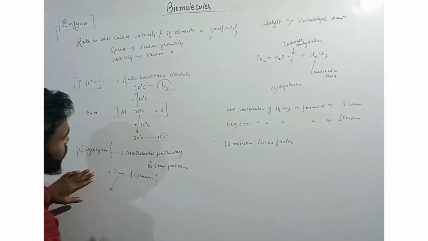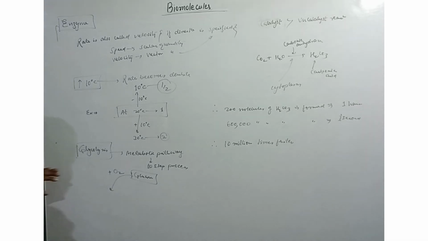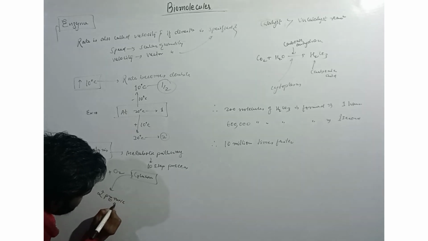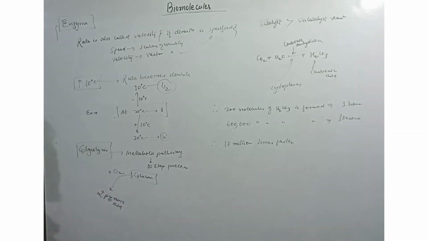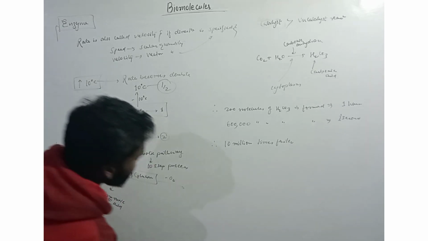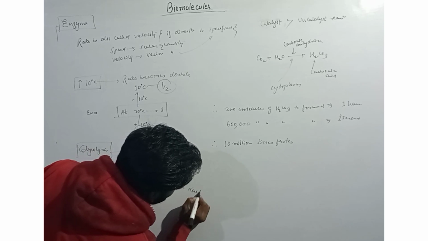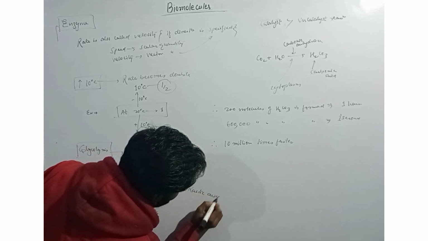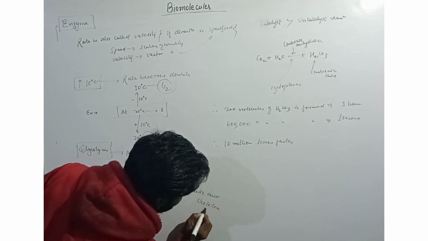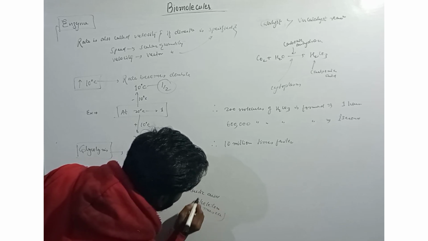In the presence of oxygen, glucose is converted into 2 molecules of pyruvic acid. But in the absence of oxygen, glucose is converted into lactic acid in skeletal muscle.